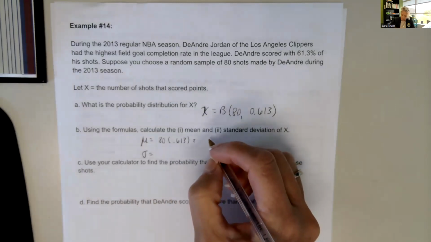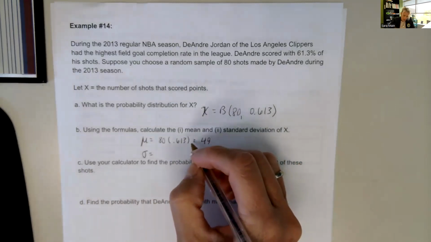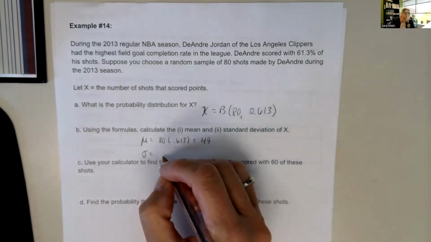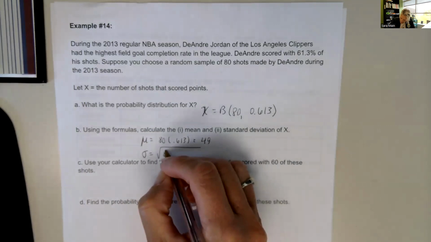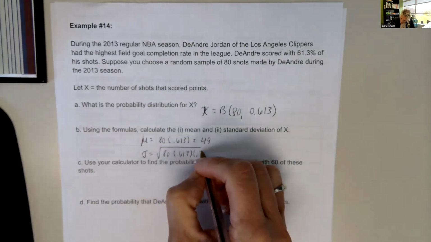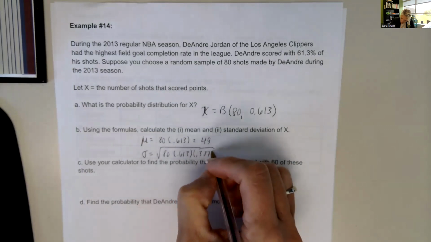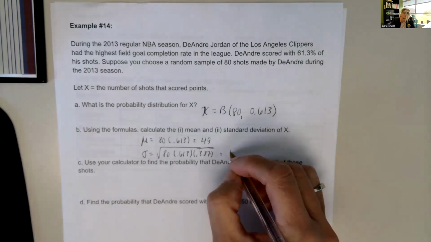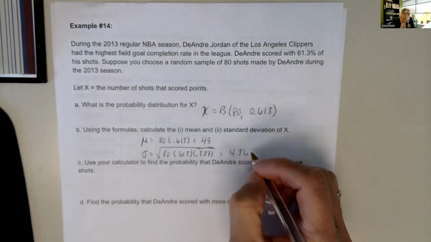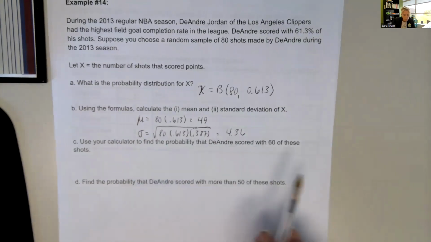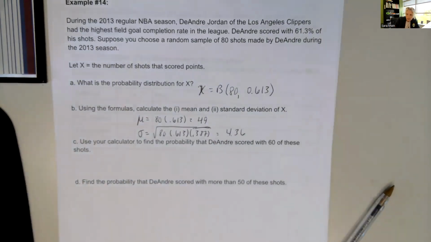So the mean is 49 when we round appropriately, and the standard deviation is 4.36. Use your calculator to find the probability that DeAndre scored 60 of these shots.